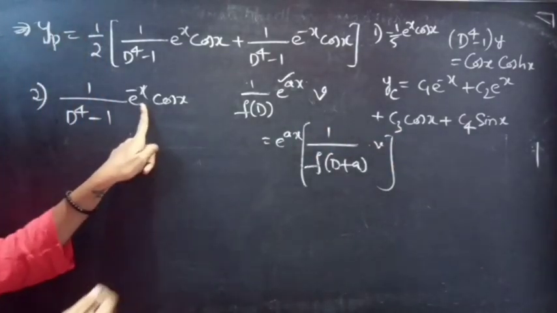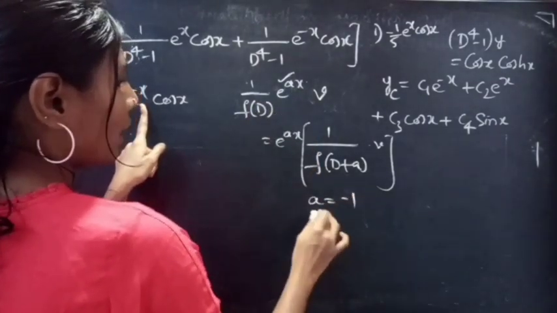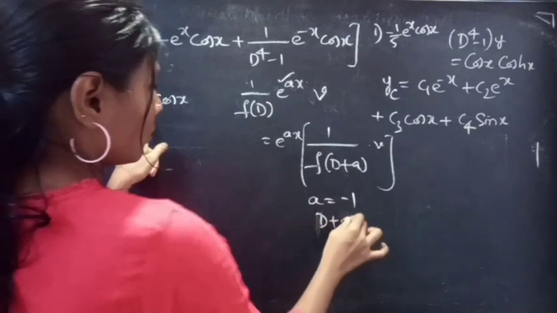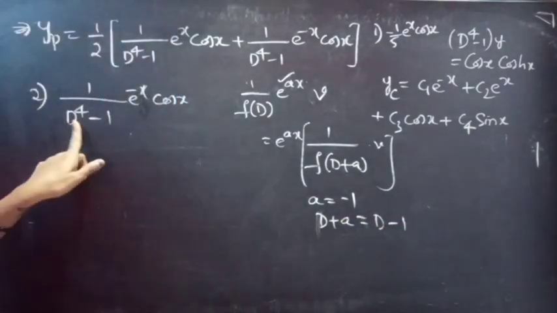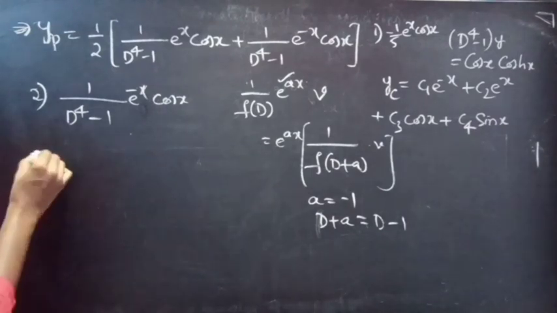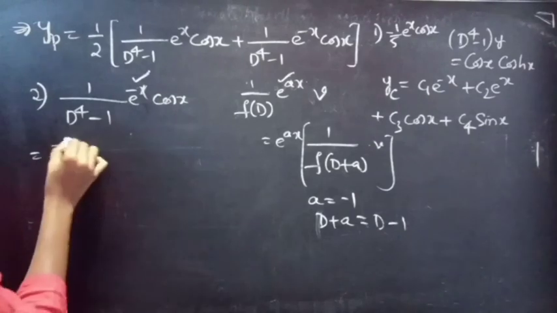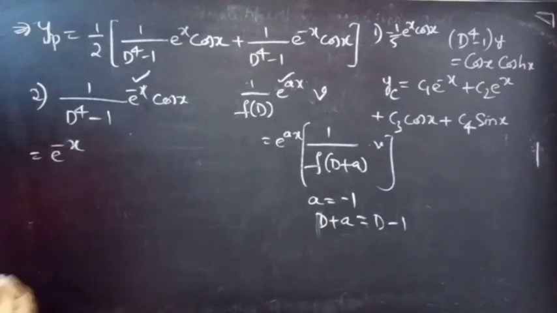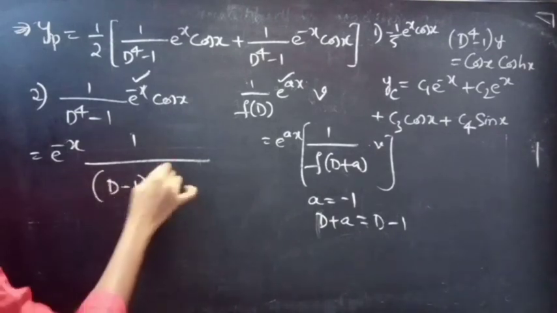So compare e power minus x with e power ax, and for a equals to minus 1, we'll find d plus a, which is d minus 1. Now let's replace d with d minus 1 by shifting e power minus x towards left. Shift e power minus x towards left by replacing d with d minus 1.